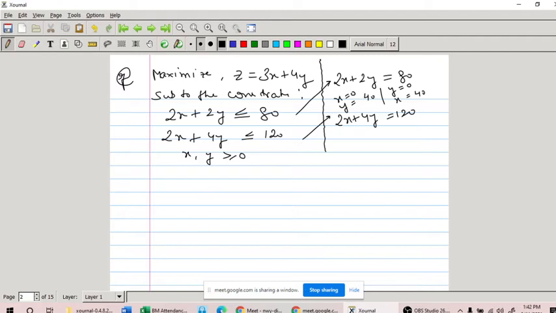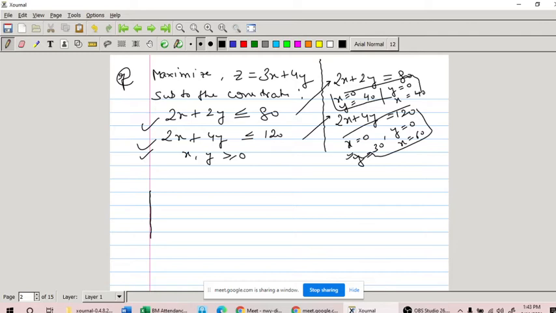In this case, we say x = 0, your y = 30, and when y = 0, your x = 60. So you have these two coordinates to define this constraint, and you have these coordinates to define this function.